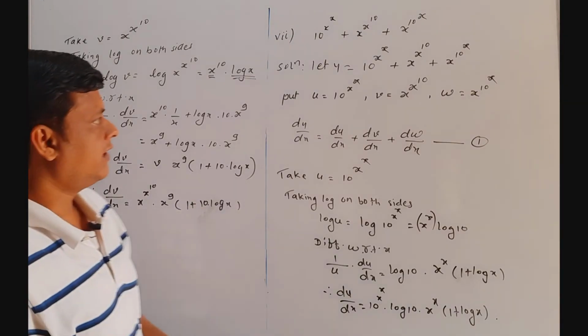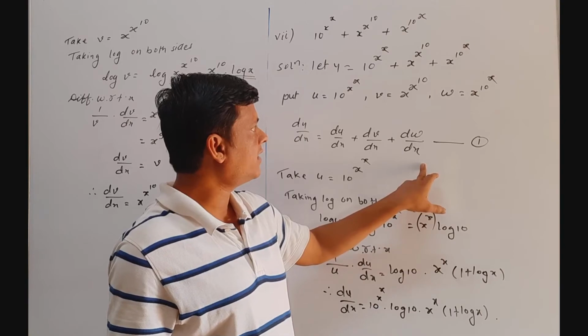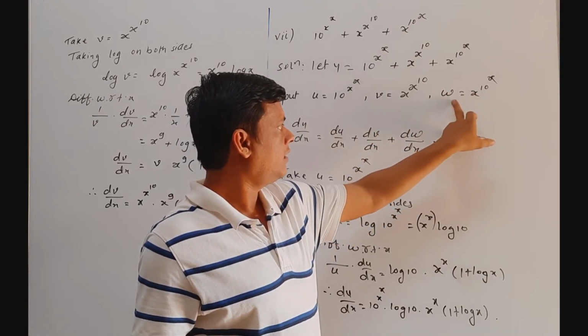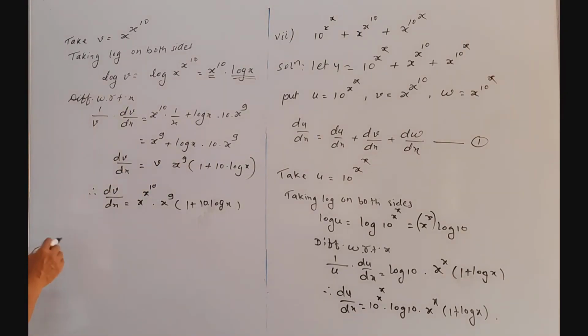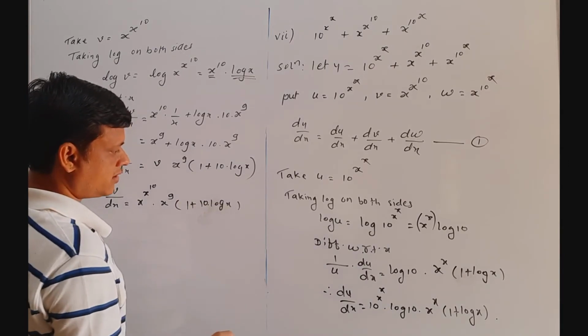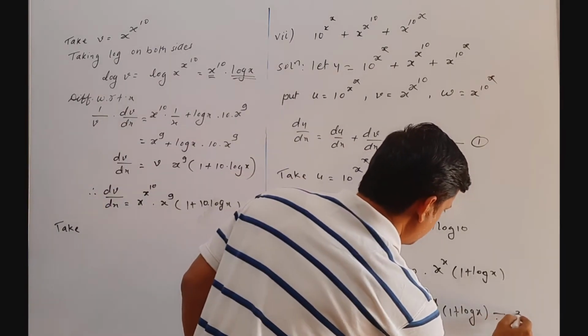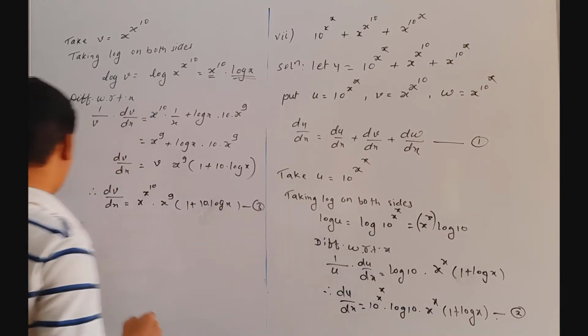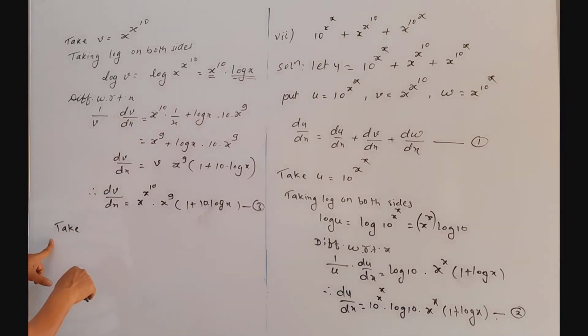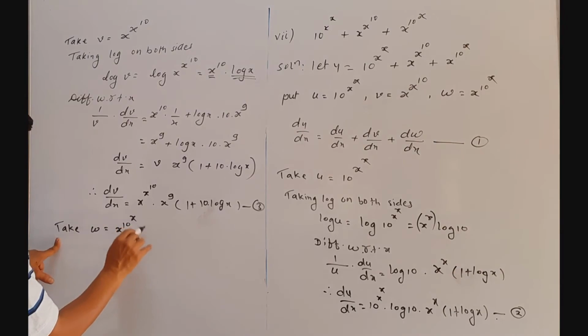Now we have to find dw by dx. W is x raised to the power 10 raised to the power x. You write this du by dx as equation number second, and this dv by dx as equation number third. Then we find dw by dx. Take w equals x raised to the power 10 raised to the power x.